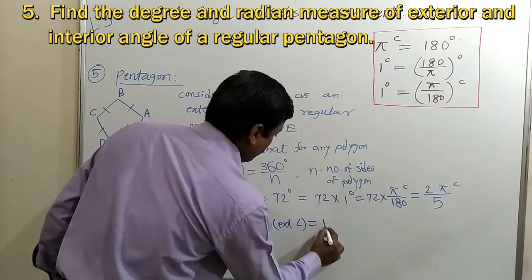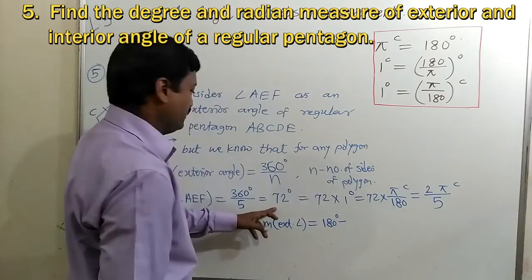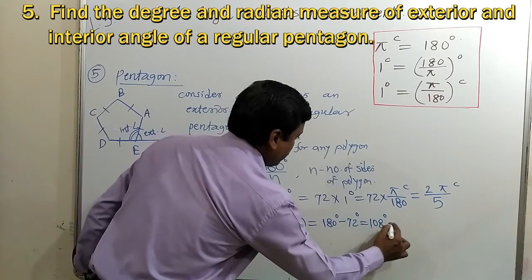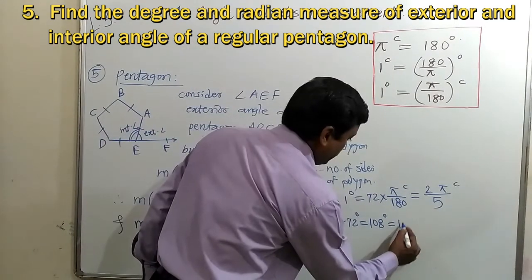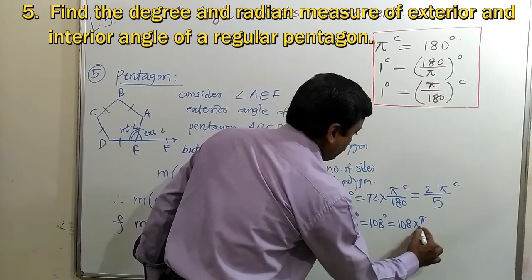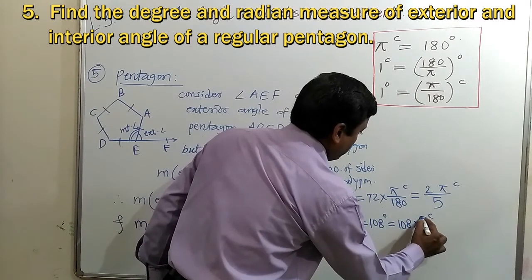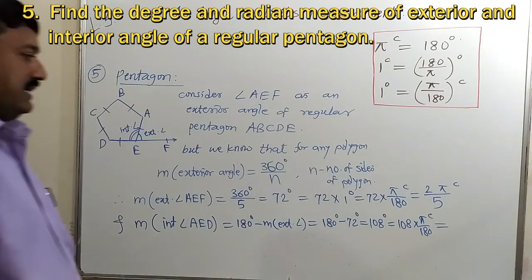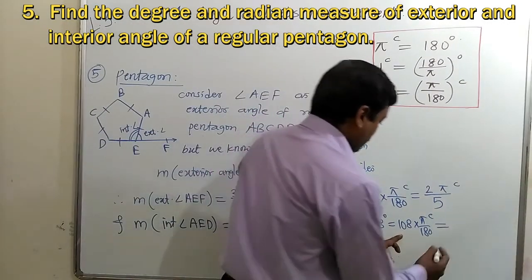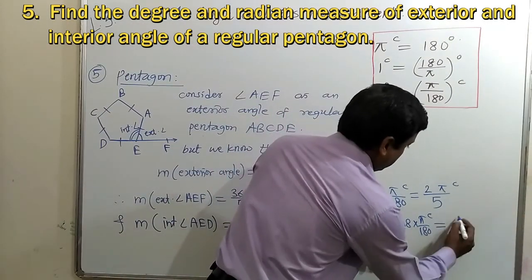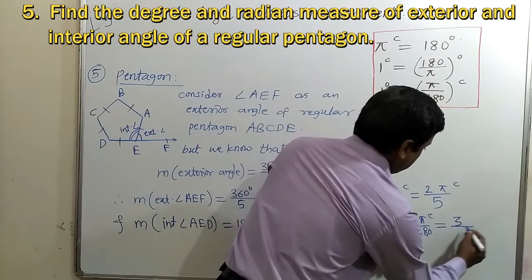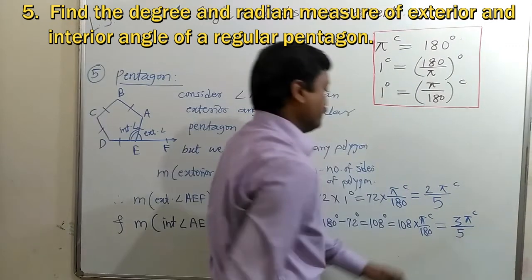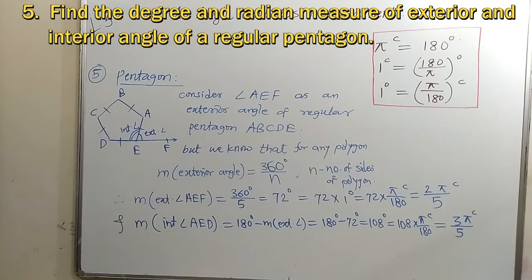So it is equal to 180 minus 72, that is 108 degree, and it is equal to 108 into pi by 180 radian. So it is equal to 108 upon 180. Once again, 36 into 3 is 108, and 36 fives are 180, so 3 pi by 5 radian.